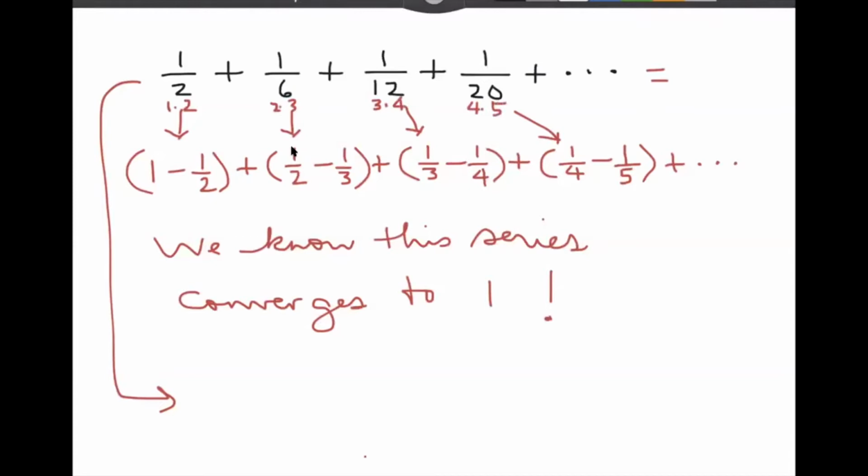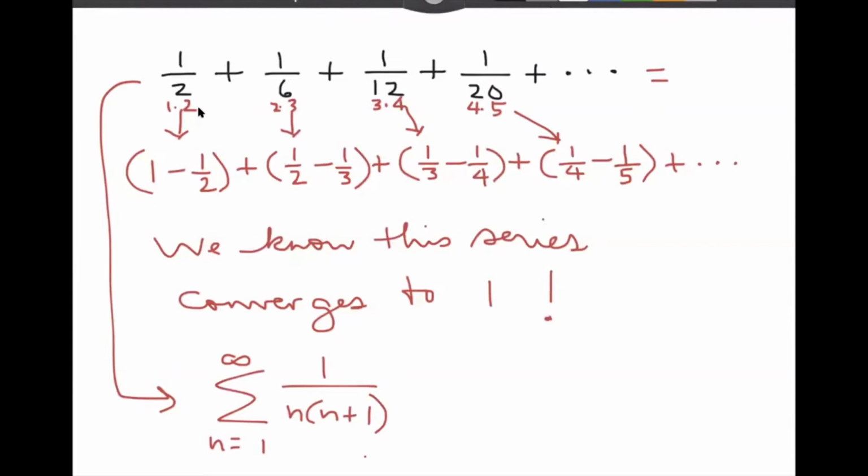So you can write this series as the sum n going from 1 to infinity of 1 over n times n plus 1. So whenever you see a series like that, you are going to break that fraction apart using the method of partial fractions.